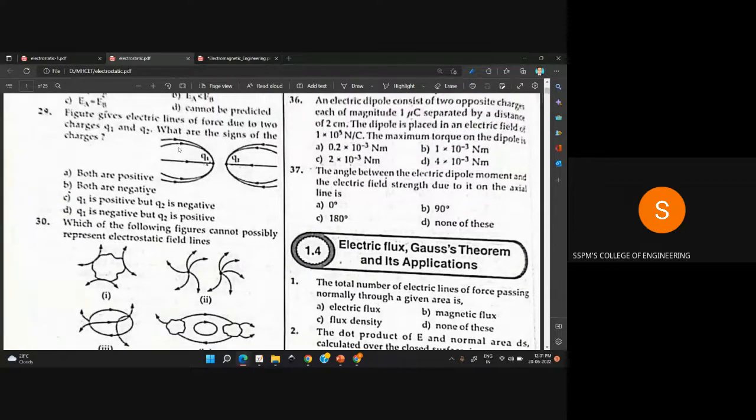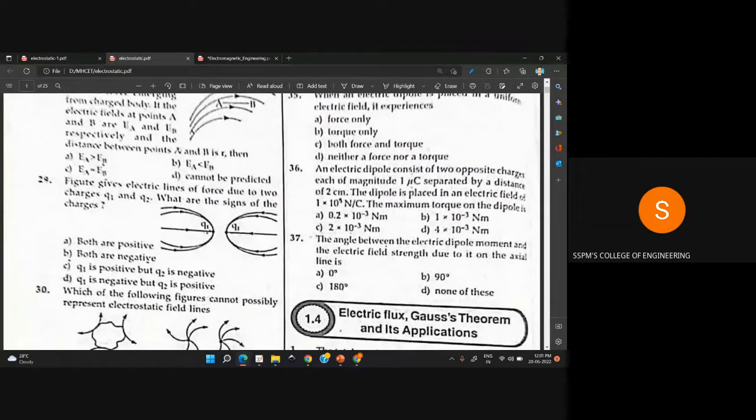Now let me discuss one more example regarding the electric field. Here two charges are given, Q1 and Q2. Read the question. The figure gives electric lines of force due to two charges Q1 and Q2. What are the signs of the charges? You have to identify the sign of charges Q1 and Q2.